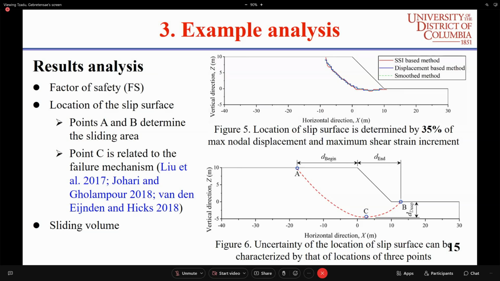In this study, the nodal displacement method is chosen, and the uncertainty of the location of the slip surface might be characterized by the typical points at the location of the slip surface. Points A and B are in the study area, and point C is related to the planar mechanism.